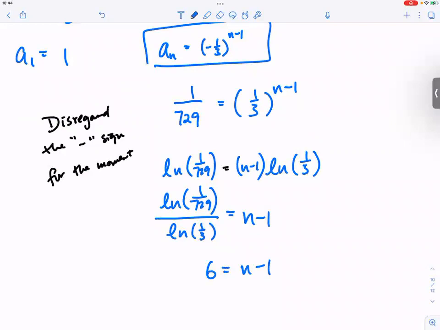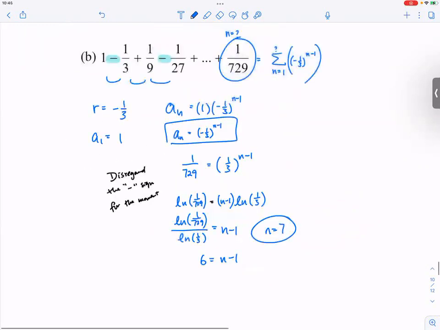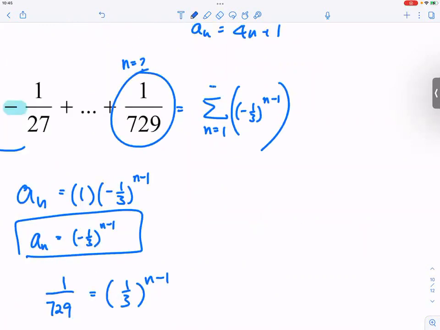So if n-1 equals 6, then n must be 7. Okay, so now we know that 1/729 up there is our 7th term. So for our sigma notation, the top number would be a 7.